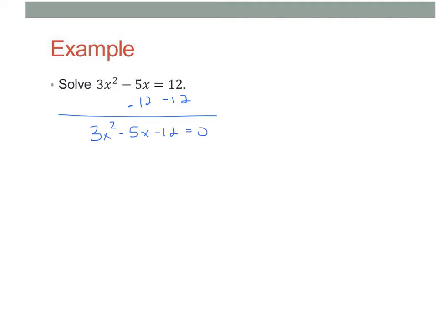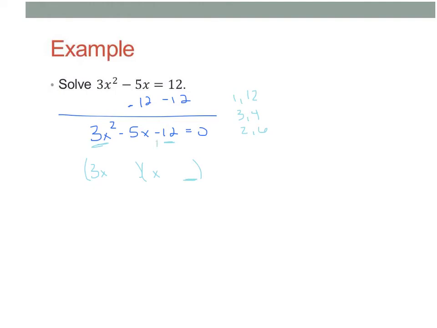All right. And so we're factoring. You can either use trial and error. Since we've done so much AC, let me just show you a trial and error here. To make 3x squared, it has to be 3x and x. To make 12, it has to either be 1 and 12, or 3 and 4, or 2 and 6. And whatever I put over here gets multiplied by 3.